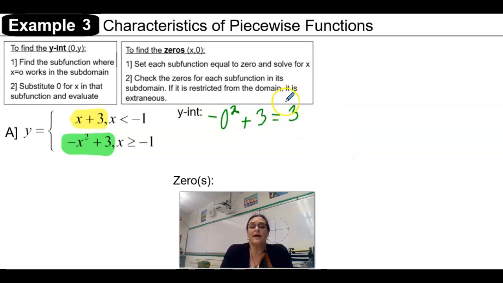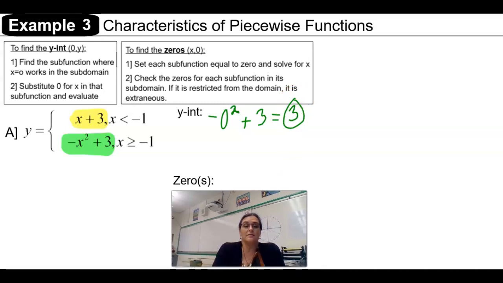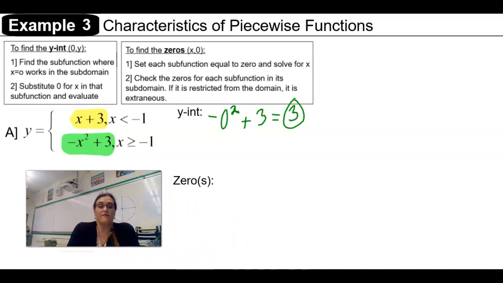You can write that as just a 3, or you can write it as the ordered pair (0, 3). However you want to represent that is fine by me. So y-intercept at 3. Okay, now we want to locate the zeros of this graph. The zeros occur where we have the point (x, 0), so we need y to be 0 to find the x-intercepts.